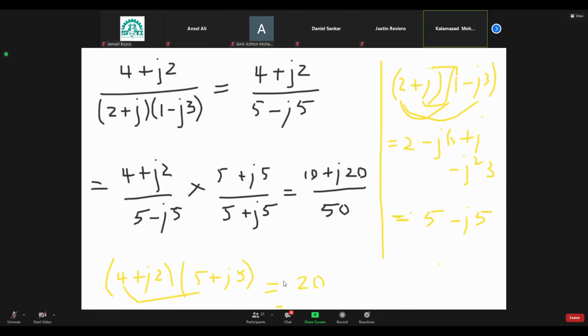And j2 by 5, which is j10. And then 4 by j5, which is j20. And then j2 by j5, which gives us j squared 10. Okay.